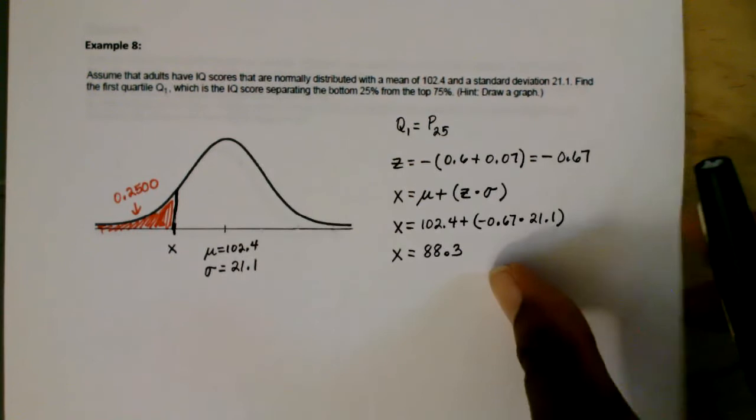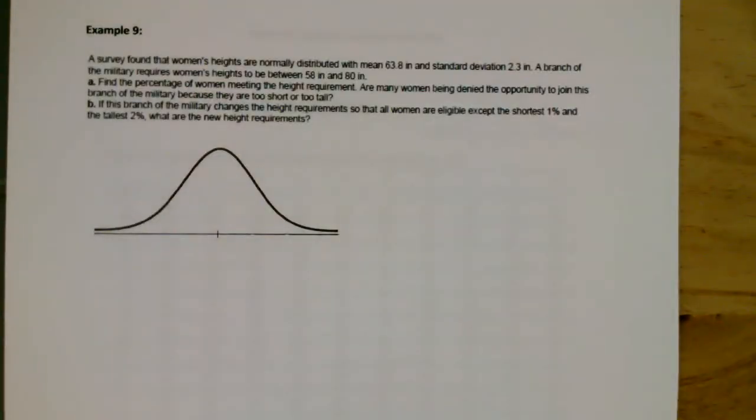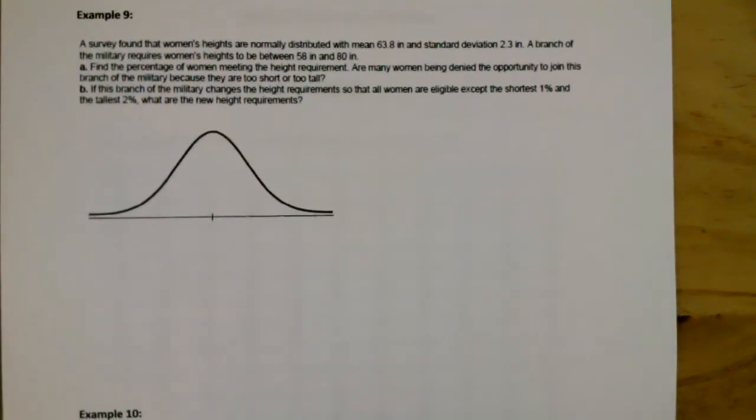Okay. Now let's look at this example, a little bit more complex than the others. It's a survey that found women's heights are normally distributed with a mean of 63.8 inches and a standard deviation of 2.3 inches. A branch of the military requires women's heights to be between 58 inches and 80 inches.